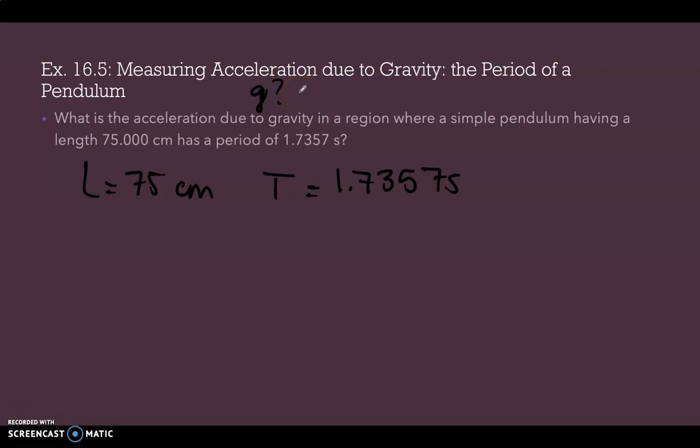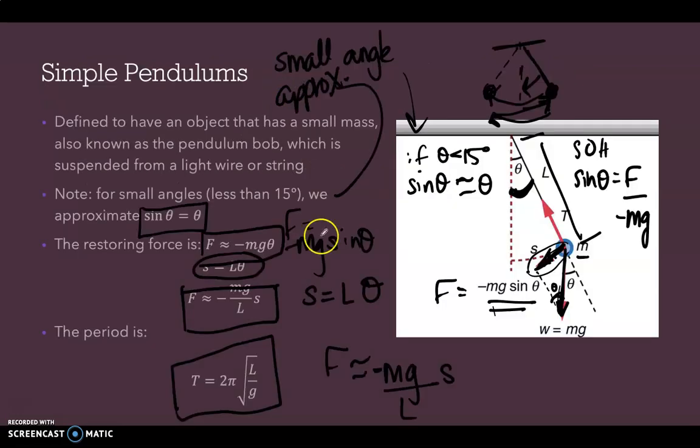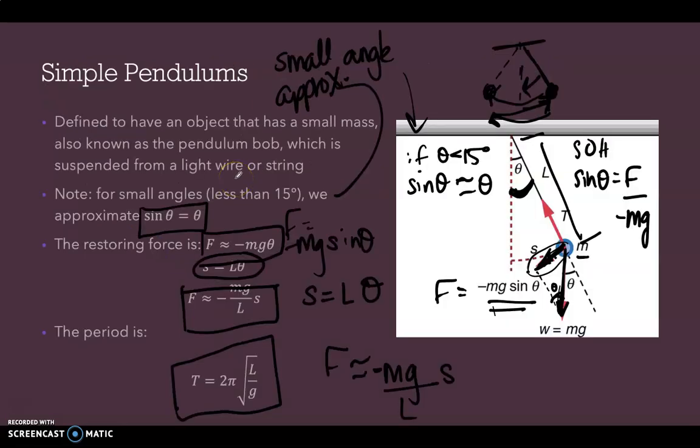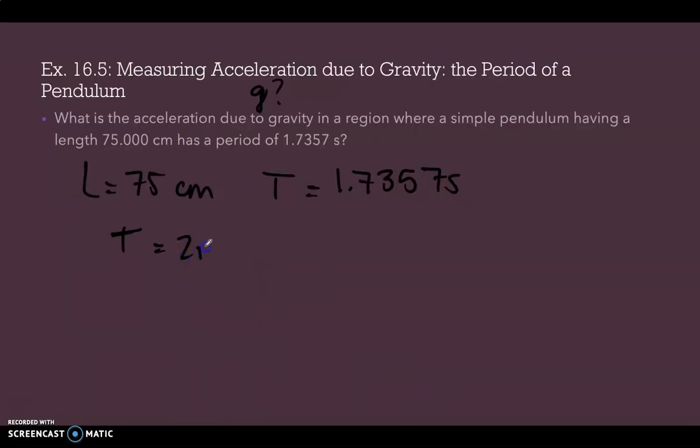Well, we just found this period equation, so we can use that. T equals 2 pi square root of L over g. We want to solve for that acceleration due to gravity, g.